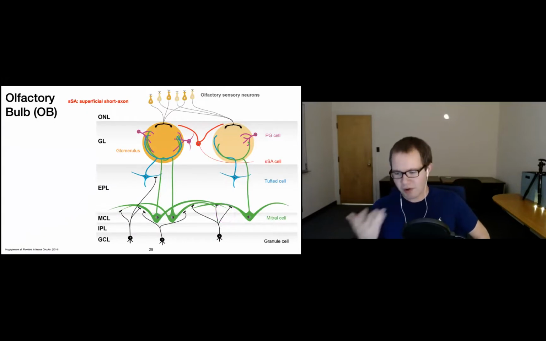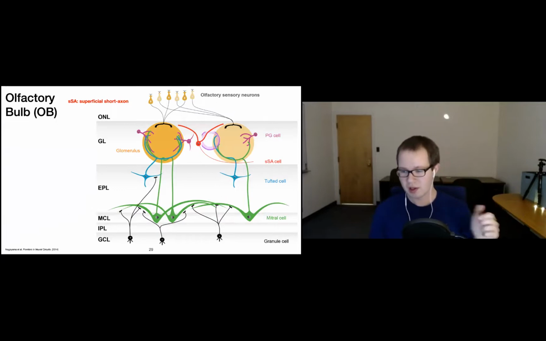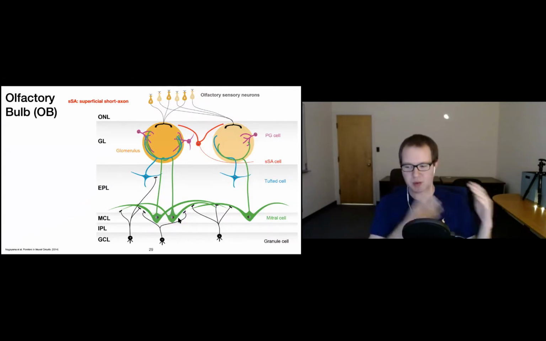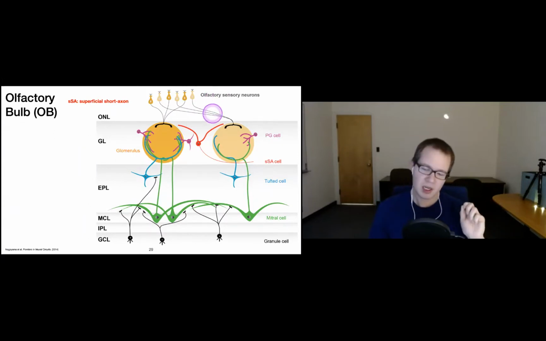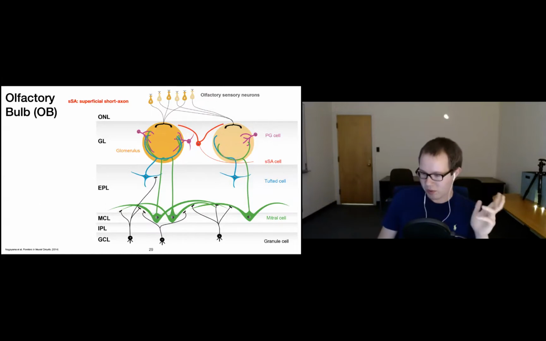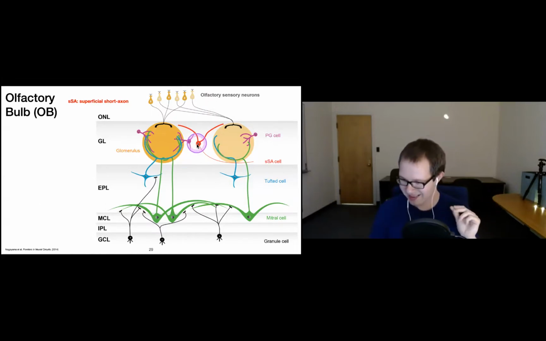Something that I focus on is not only this question of how the olfactory sensory neurons describe odorants. This, by the way, is a more abstracted diagram of what we just saw. At the top, you have the odorants interacting with the OSNs, then the glomeruli, then mitral cells transmitting. The other question that I'm looking at is the role of these cells called SSA cells, superficial short axon cells.